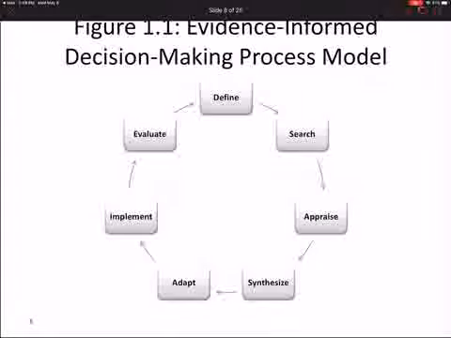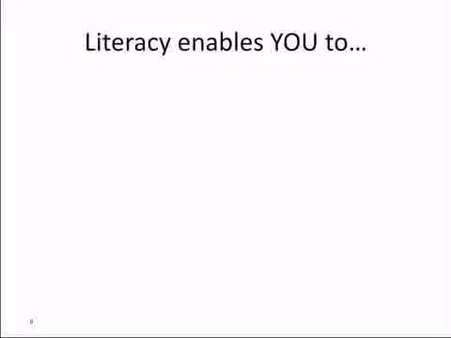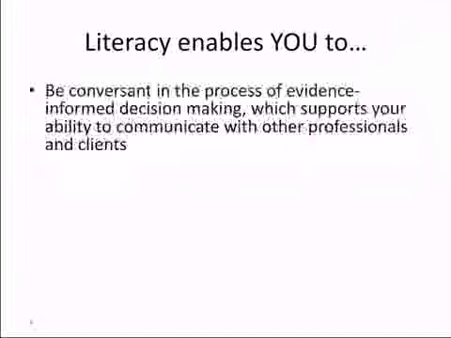Once you appraise what you found and you've picked what you need to use, you synthesize your curated or sifted through information that you adapt and implement for practice. And then, of course, you evaluate it, see if it's effective or not. If it is not, you redefine your challenge and go through the process again. It is iterative.